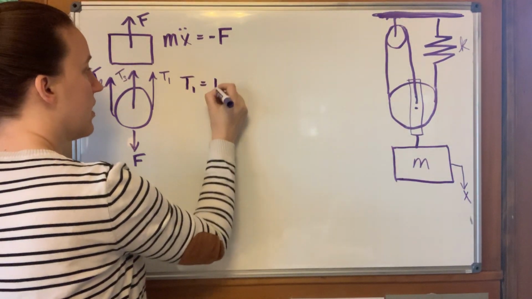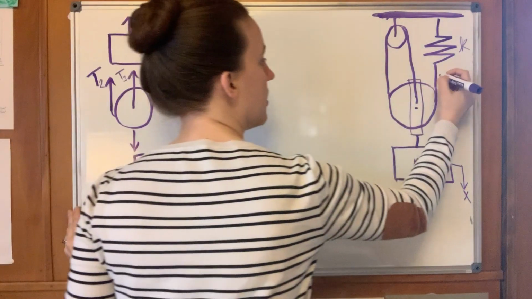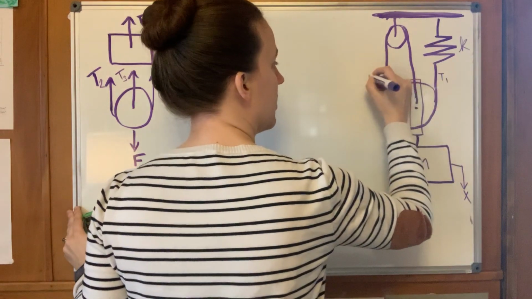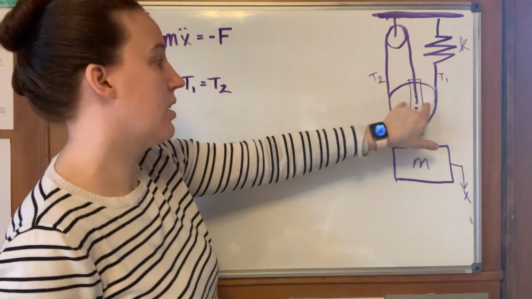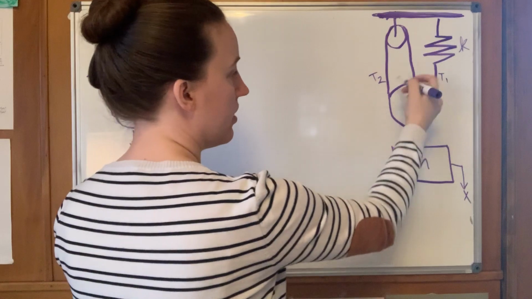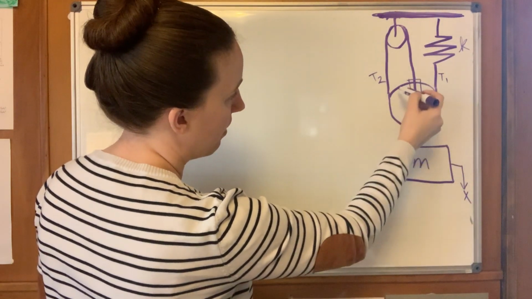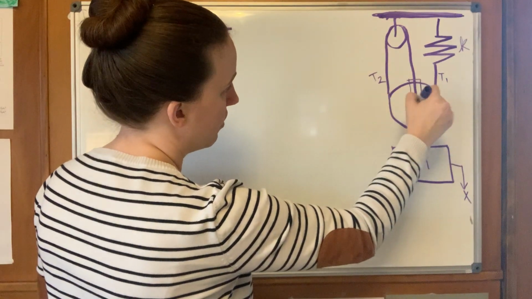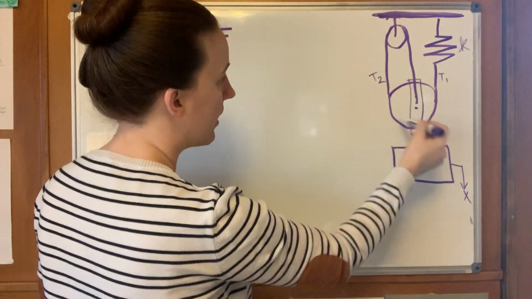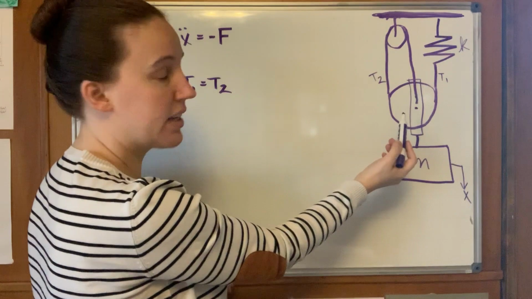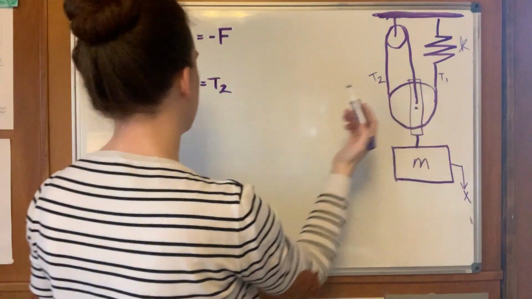So T1 is going to equal T2. So here's T1 and T2. Because if they didn't, then this would have to have some angular momentum, and it can't because we're assuming all the pulleys are massless as usual. So T1 has to equal T2.